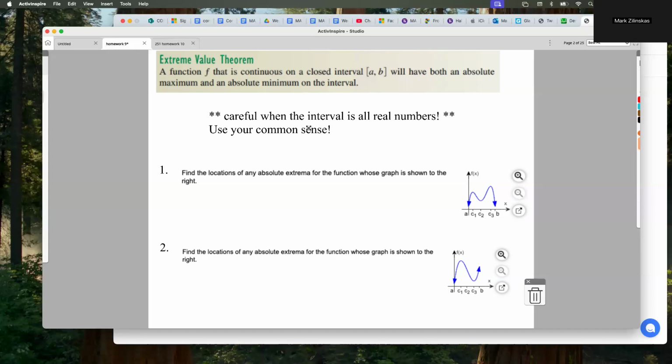He seems to, maybe he sees a squirrel outside, but anyway, careful when the interval is all real numbers, because obviously that isn't a closed interval.